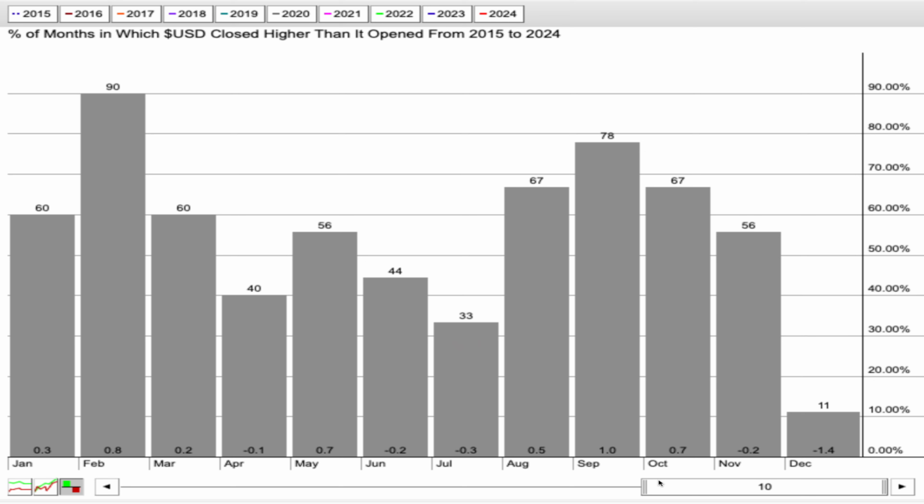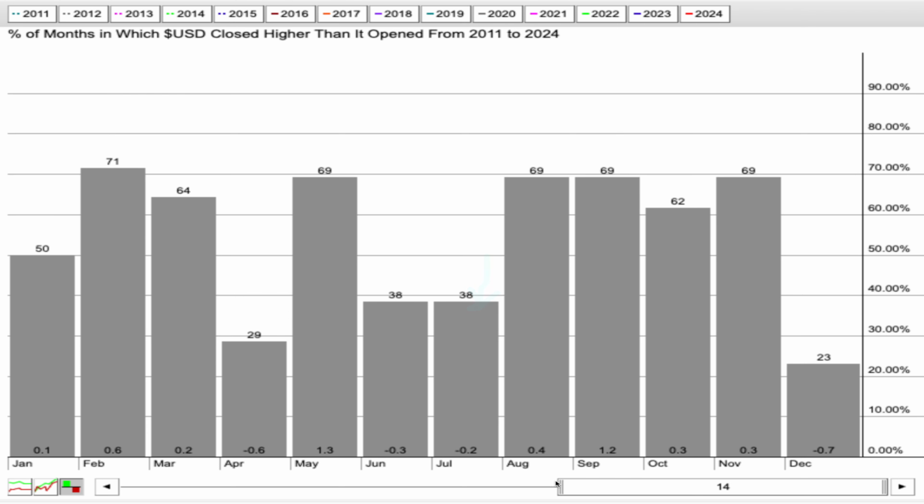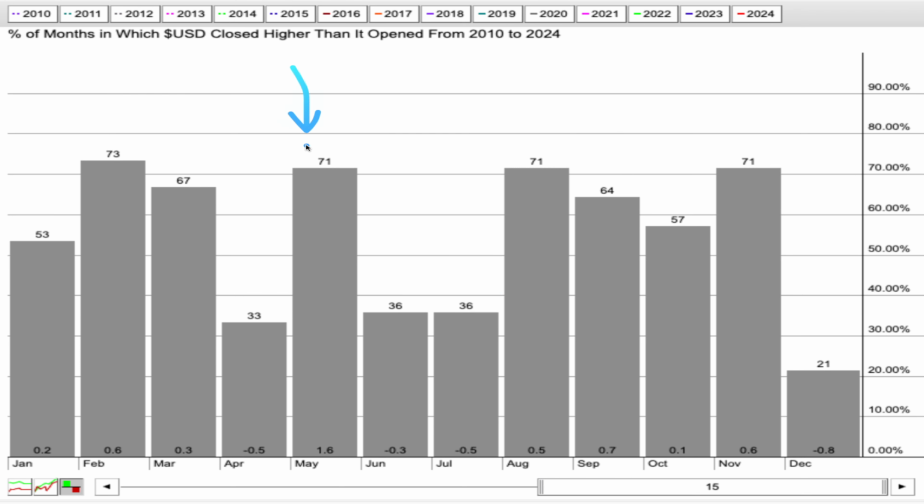If we go to the 10-year, you see that May has a little bump, but July is still weak. So somewhere between here, June has a little bump on May on the 5-year. So far on the 10-year, May is a little stronger, but July remains still weak. We go to the 15-year. You can see that May gets its little bumps.